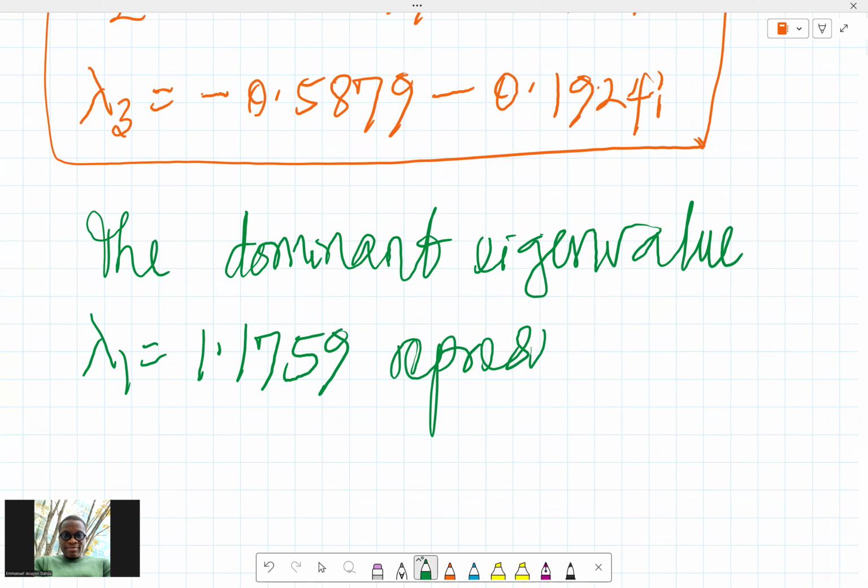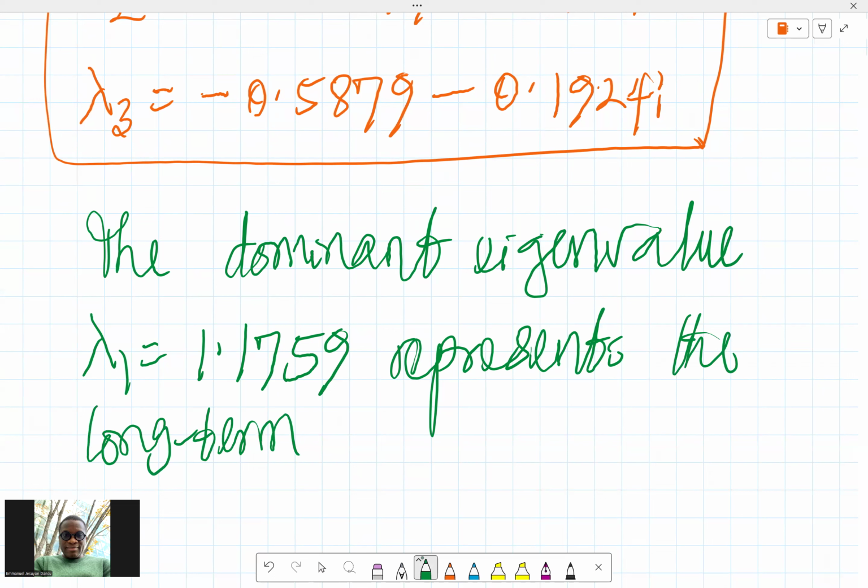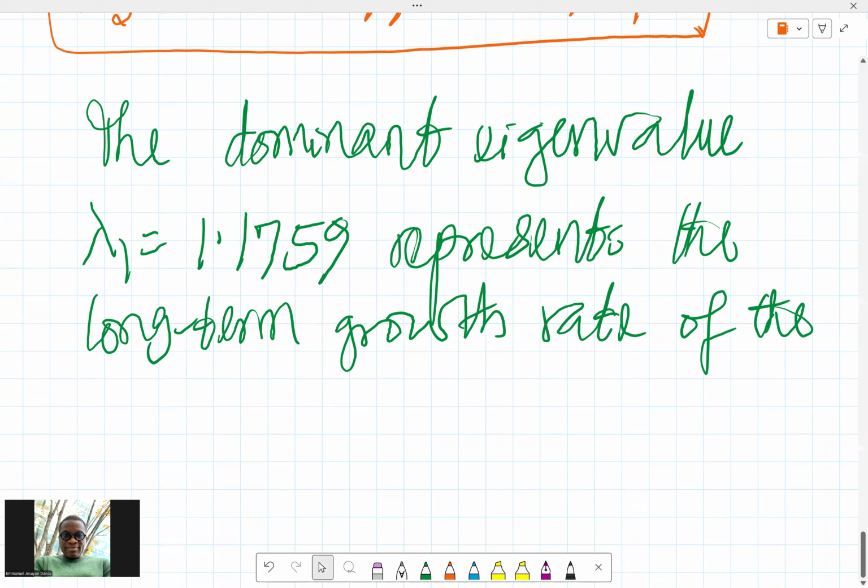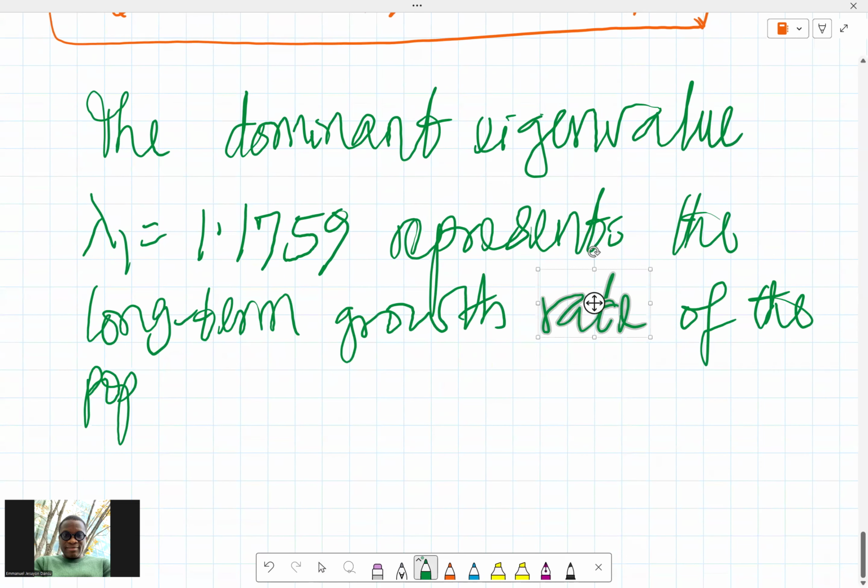Because it's dominant, it has the biggest influence, it determines the population the most. So it represents the long-term growth rate of the population. Okay, so with that done, we can go to step 2 now.